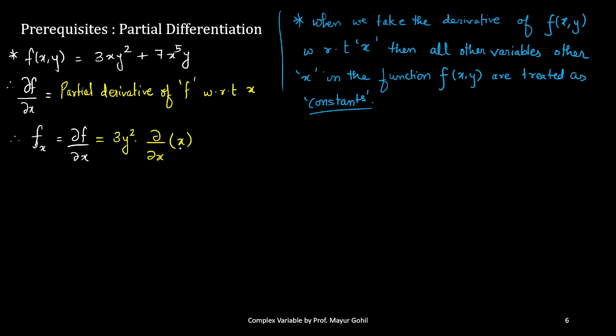Now 7y will be treated as constant, and we take the derivative of x to the power 5. And after that, when you simplify, what you get in the answer is 3y square, and the derivative of x with respect to x is going to be 1, plus 7y x raised to 5.